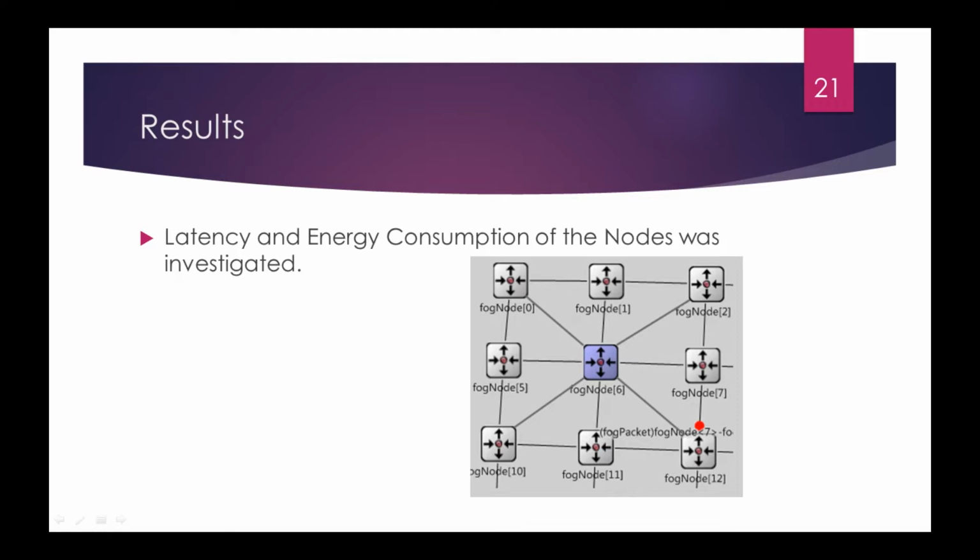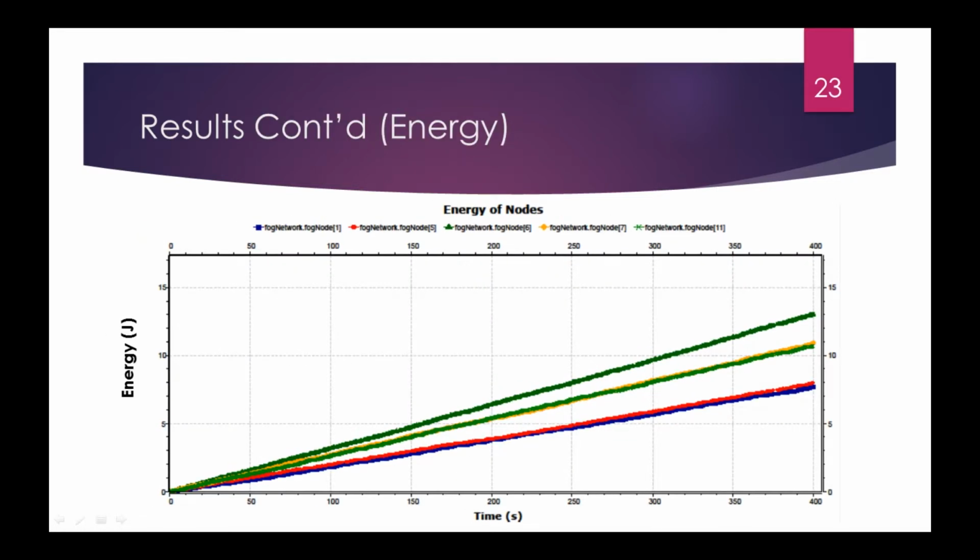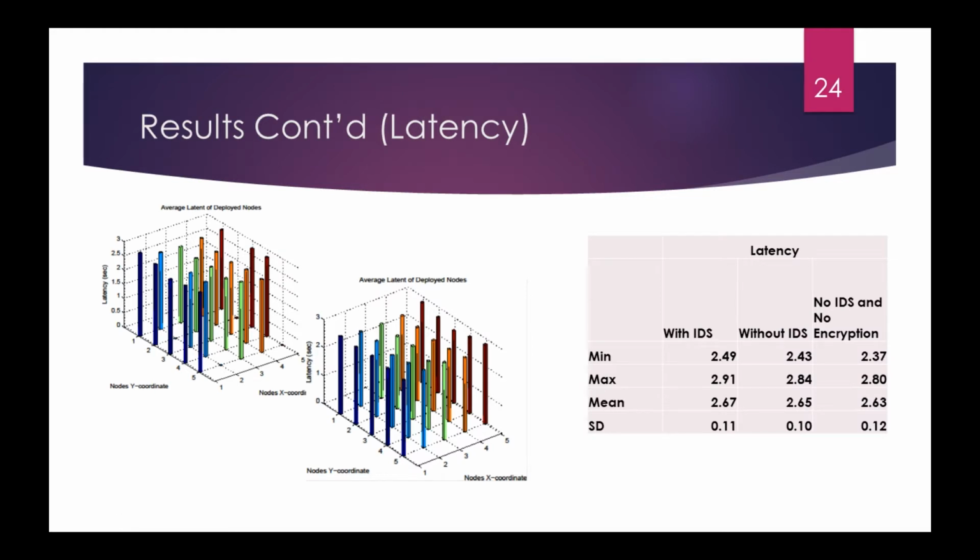Those nodes inbound consume more energy, and those nodes at the border consume less energy, and the fog node consumes more energy compared to them all. So we also investigated the latency with IDS and encryption, without IDS, and without using any encryption.